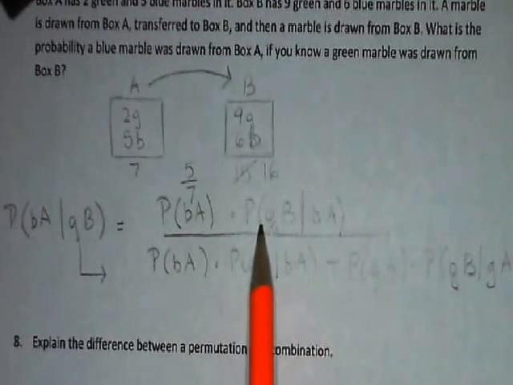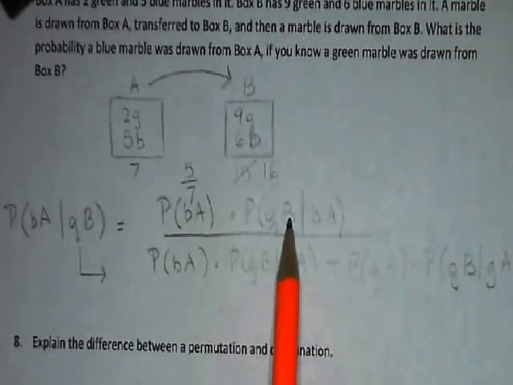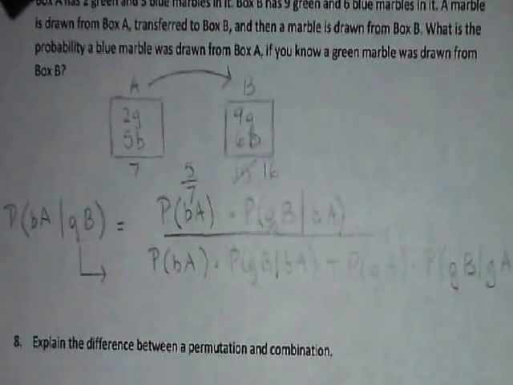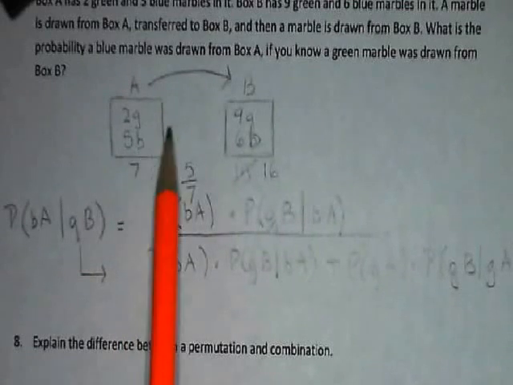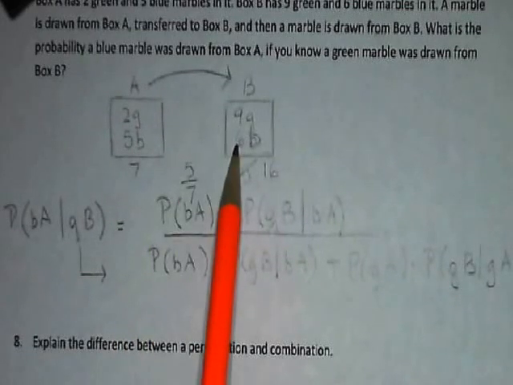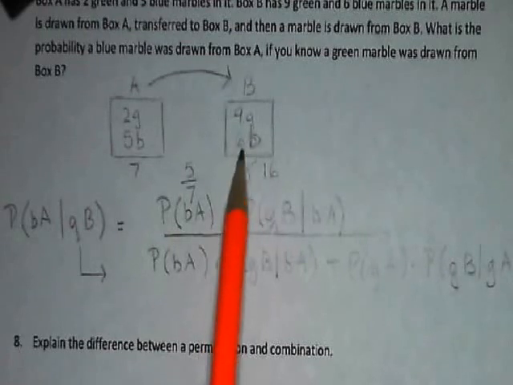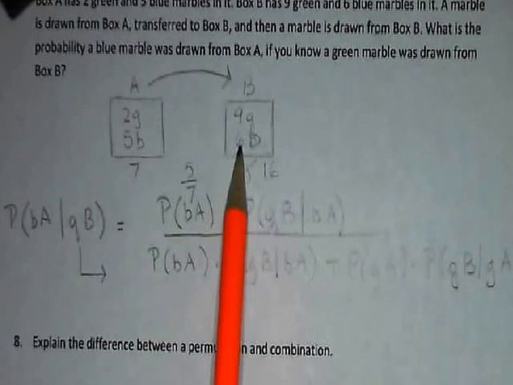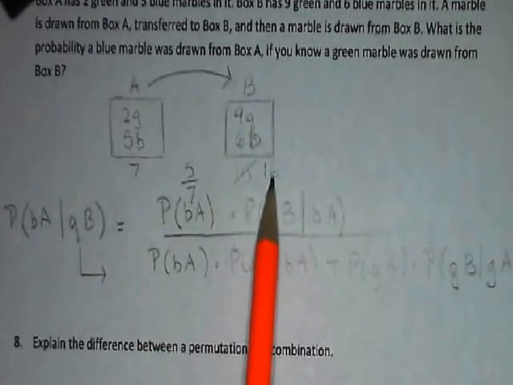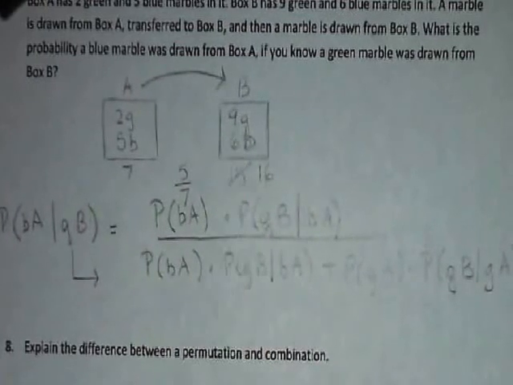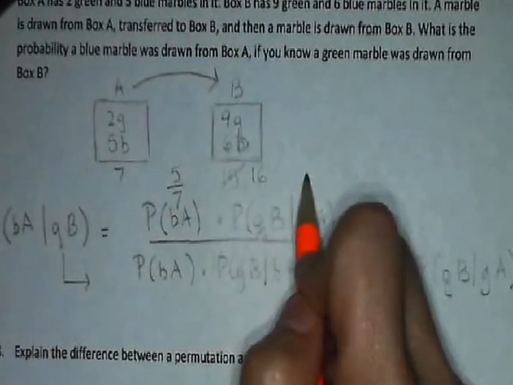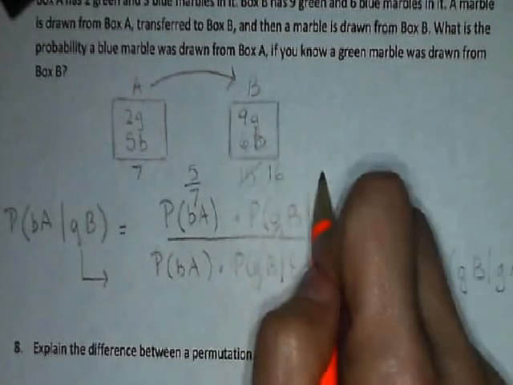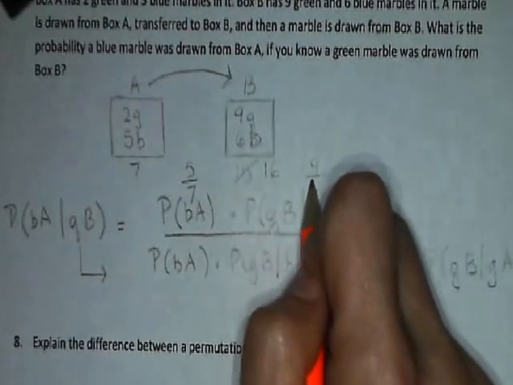Next we have the probability of a green marble from box B given we chose a blue from box A. Well, remember, whatever marble I choose from box A is going to change the total and that color in box B. So I now would have 7 blue marbles in box B for a total of 16. Out of those 16 marbles, though, 9 of them are green, and so that fraction would be 9/16.